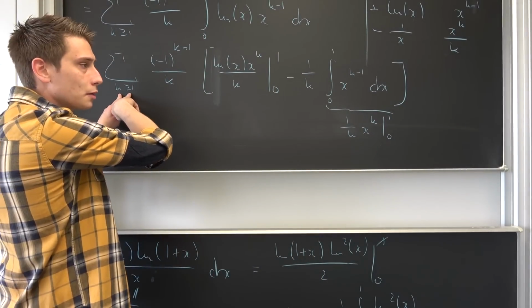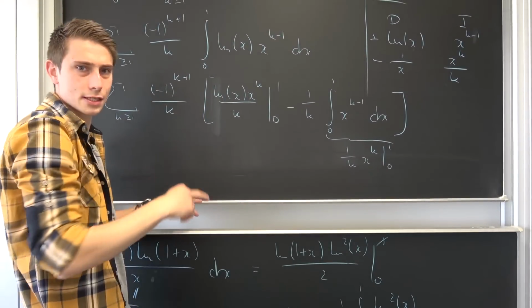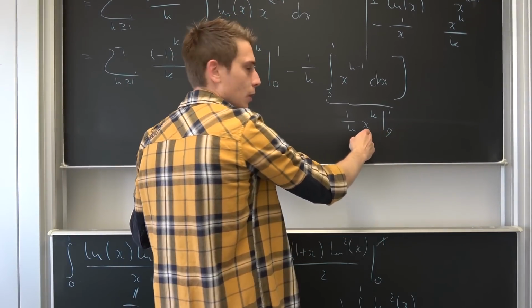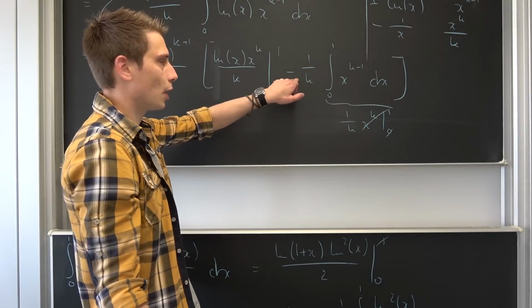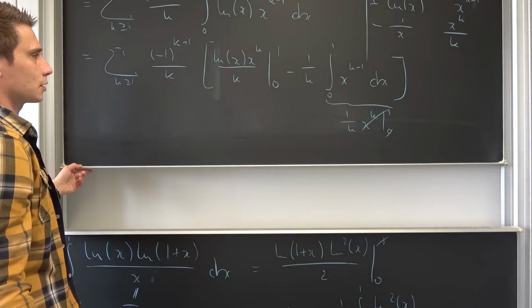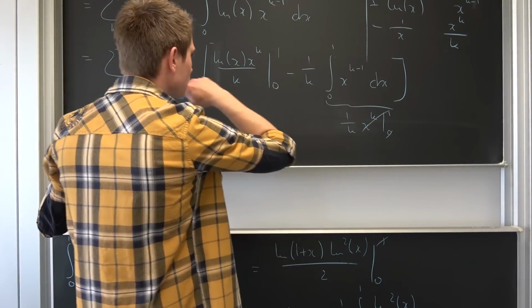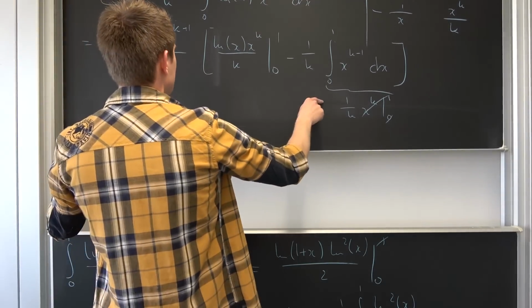K starts at 1, meaning all those terms in this series are going to have some x term, meaning on 0 it's going to vanish, and 1 to every power is just 1. So overall this is going to give us negative 1 over k squared. Okay, this is something we are going to get. Yeah, negative 1 over k squared.